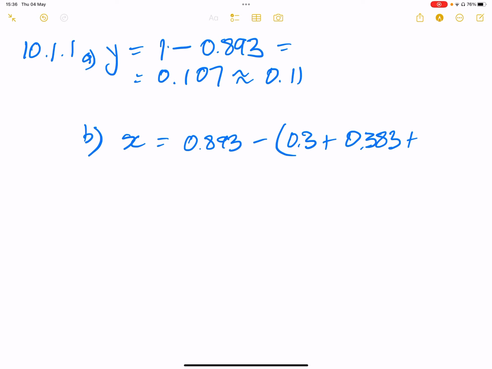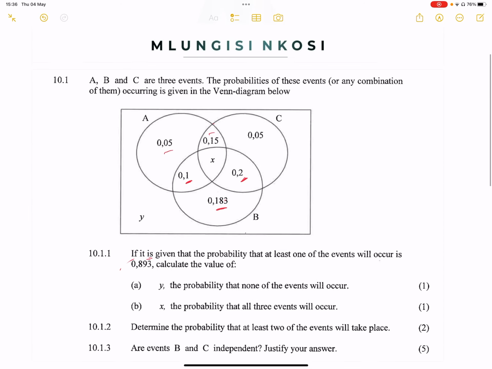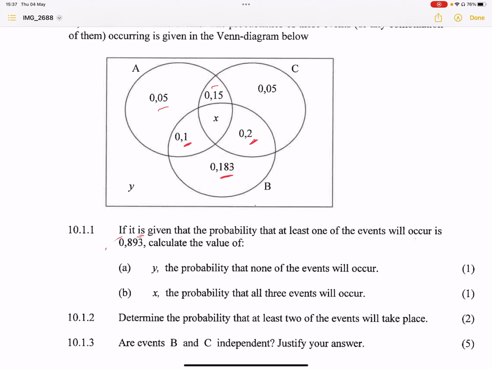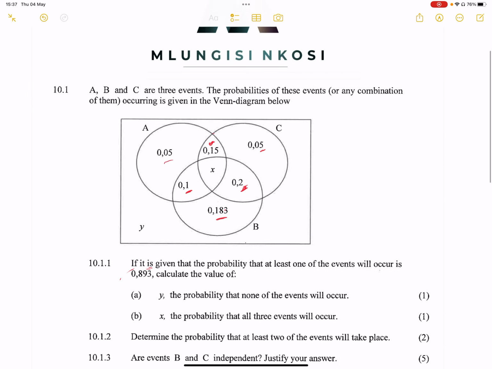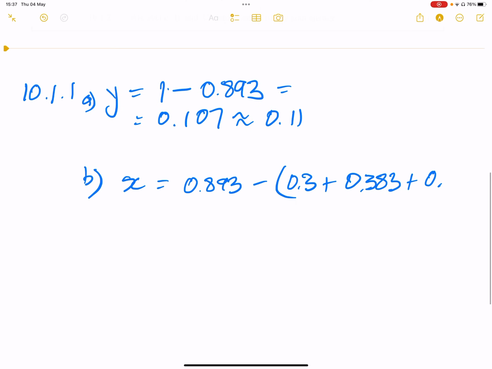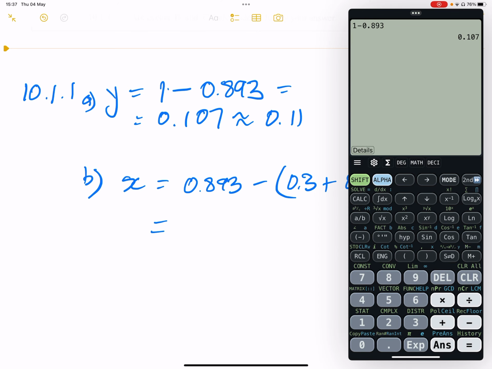So that's 0.383 plus. In this case, now I'm looking at C. Remember, I've already included that and that, so I'm just going to take that 0.05. Okay, so that's 0.05. All right, so let's do that quickly.